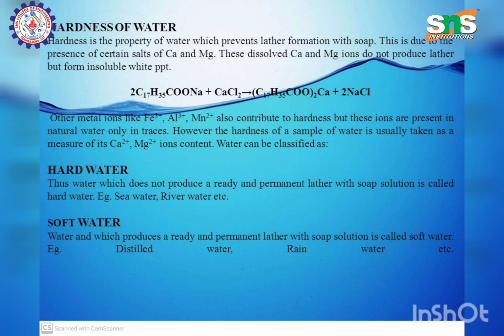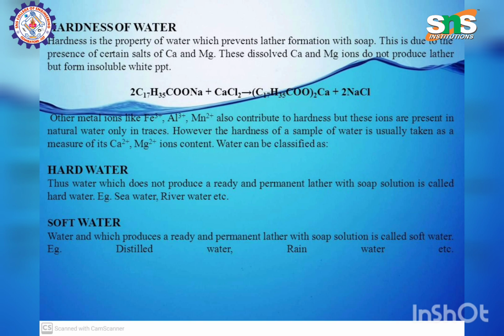Then the types of hardness. There are two types of hardness: one is temporary and the other is permanent. Temporary hardness is also called carbonate hardness or alkaline hardness, and permanent hardness is also called non-carbonate hardness or non-alkaline hardness.